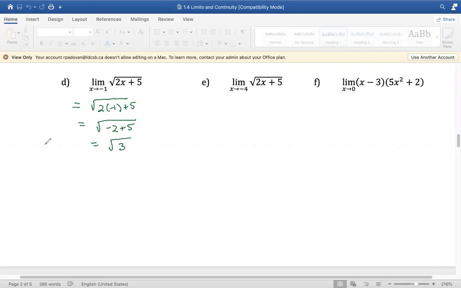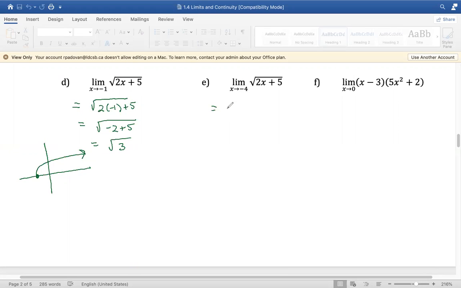So if we were to look at a function like this, just to give you a brief idea, it looks something like this, square root of 3. So we can see that that looks continuous. Here I'm looking at the same thing, 2x plus 5 square rooted, but I'm looking at the limit as x is approaching -4.